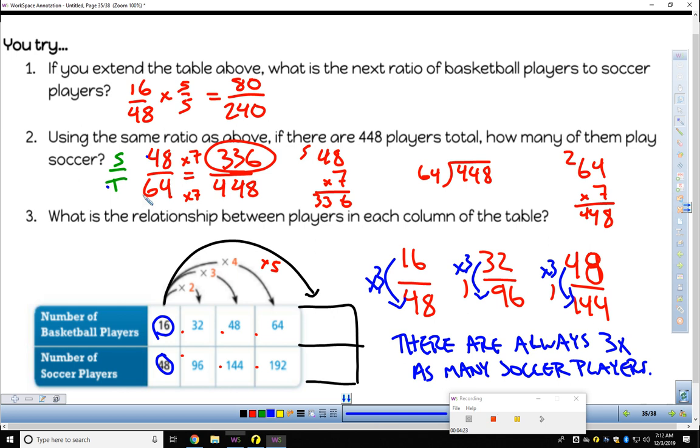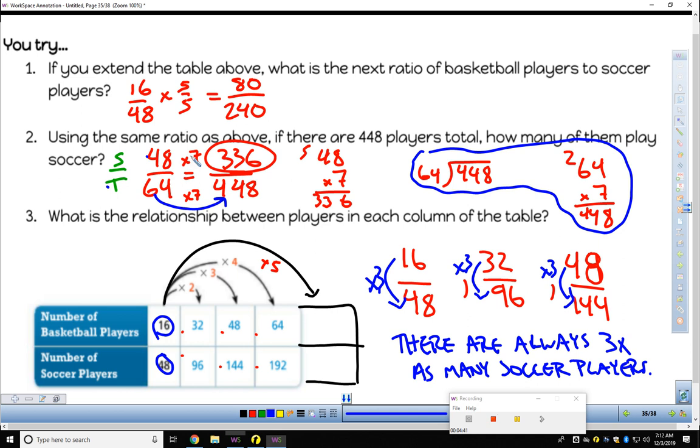I got 64 from 48 plus 16. And then I tried to figure out, well, how did I get from 64 to 448? You can see a little bit of guess and check over here. Once I figured out that that was times 7, I multiplied the top of my ratio by 7 as well to get 336 soccer players.